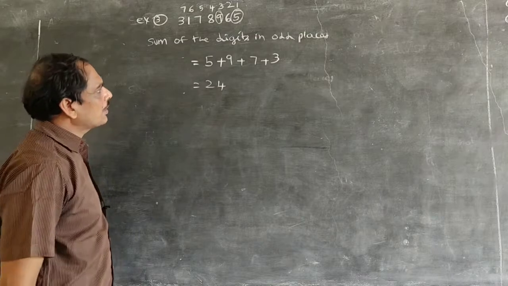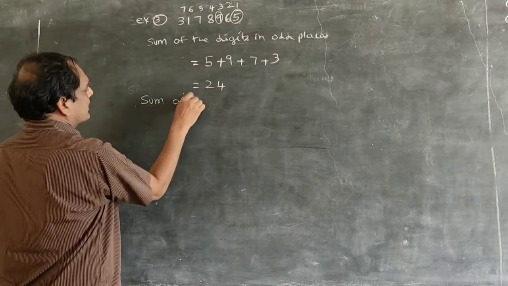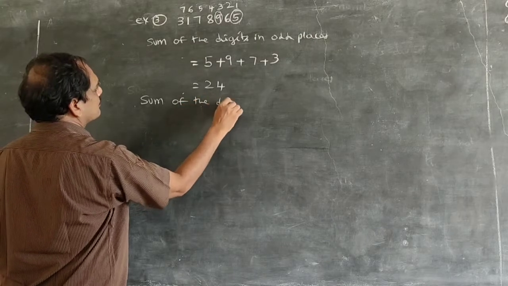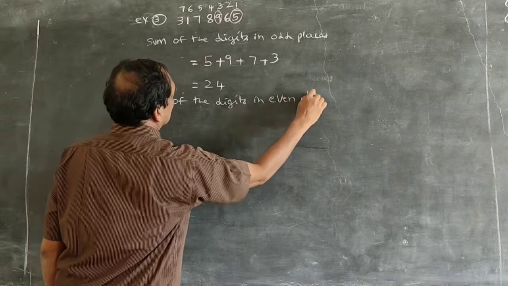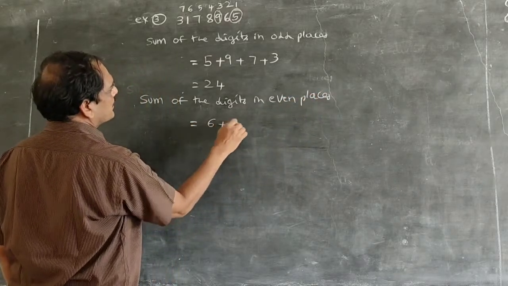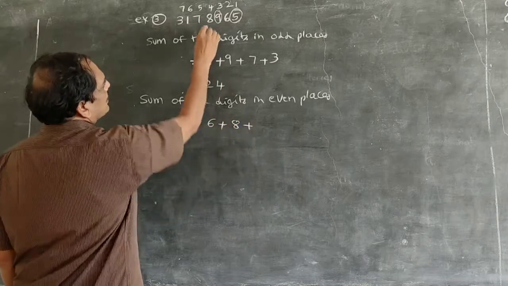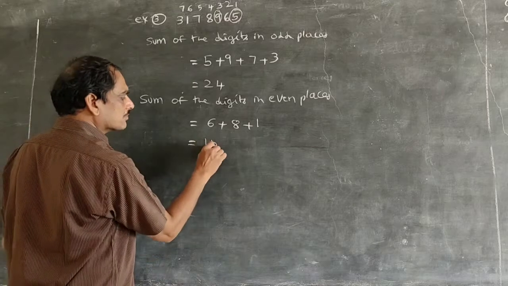This is the sum of the digits in odd places. Next, the sum of the digits in even places is equal to 6 plus 8 plus 1. That is equal to 15.